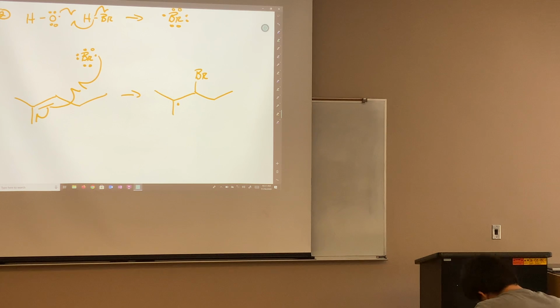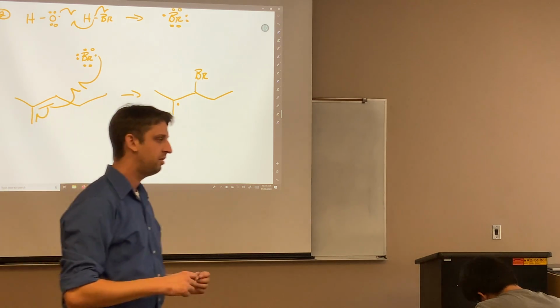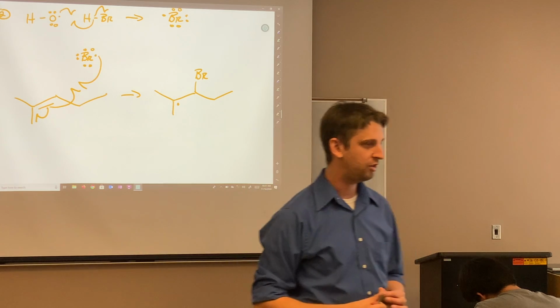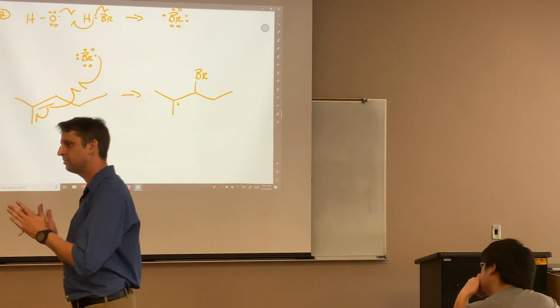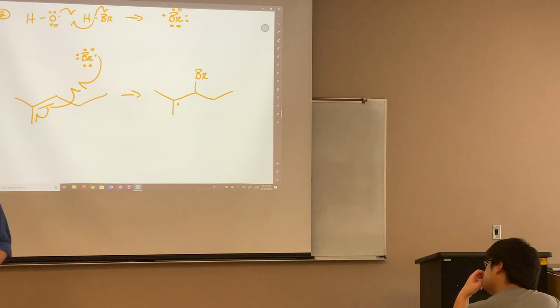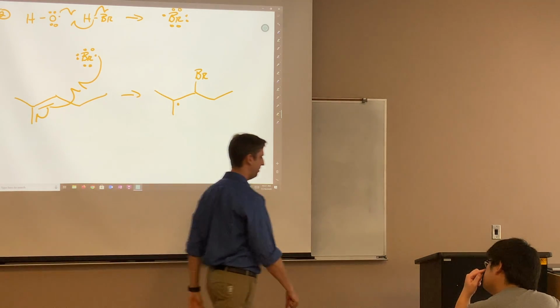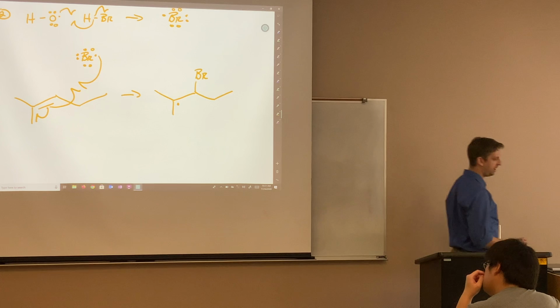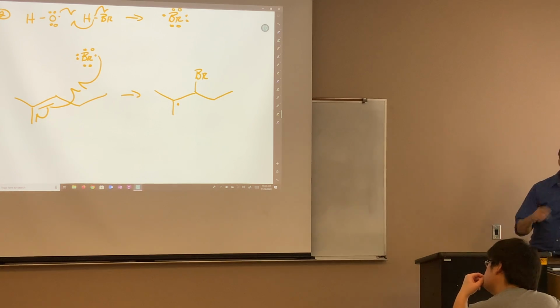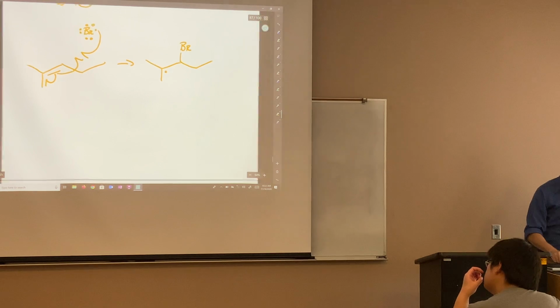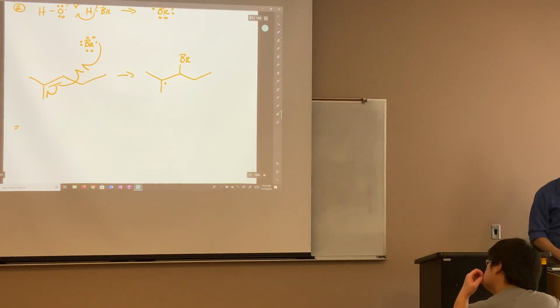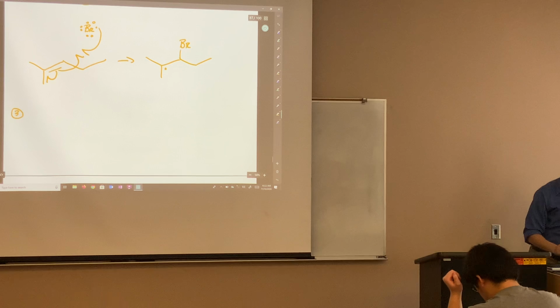That's not that big of a shocking revelation, is it? That's how all of organic chemistry essentially works, right? Then we just finish this off, right? We find another hydrogen. So here's our termination.